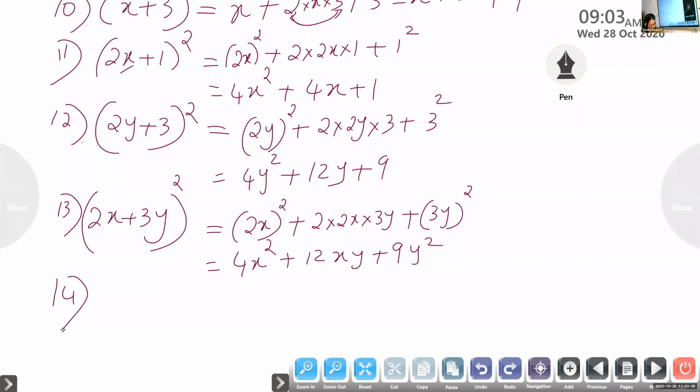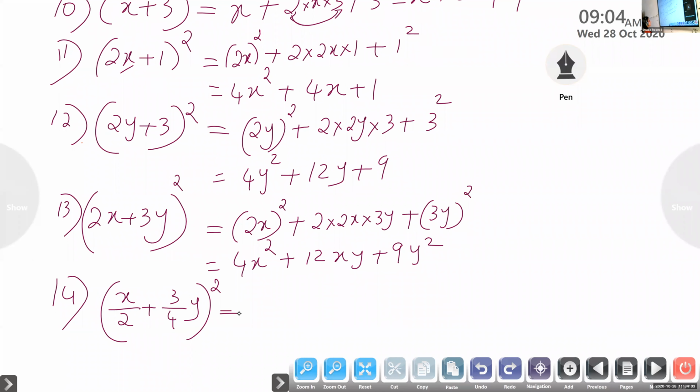Okay, next one is x by 2 plus 3 by 4y the whole square. In the place of A, it is x by 2. In the place of B, it is 3 by 4y.